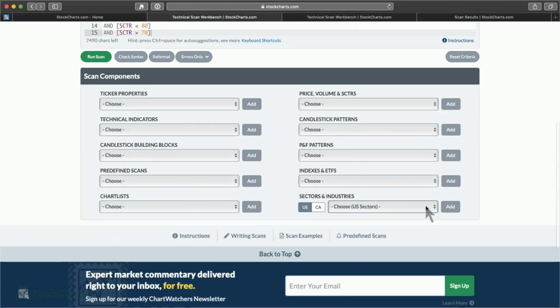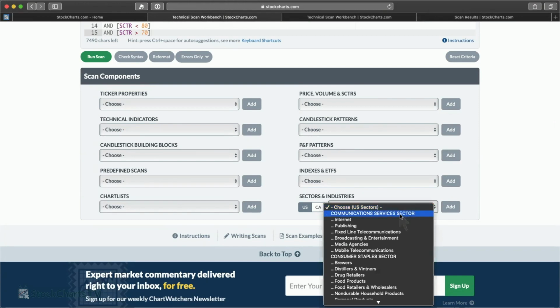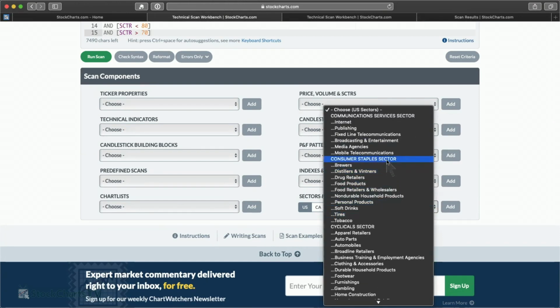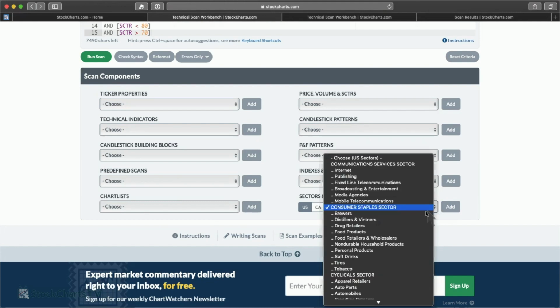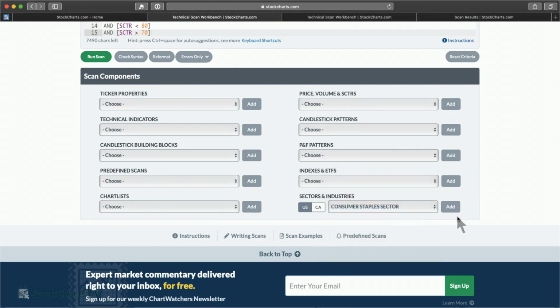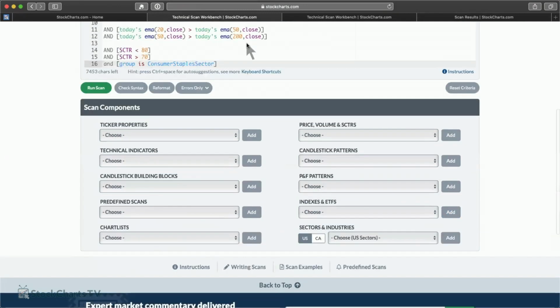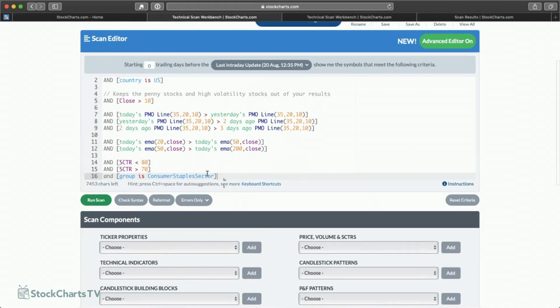So first I'll take a look at consumer staples, and this is how you can add a sector. It's right down here in the components. I chose staples, but you can even narrow it down to industry groups if you'd like. I'm going to go with consumer staples. That's what we'll start with, and I'm adding that. Now, it always adds to the bottom of your scan, just FYI. So I'm just going to take this to the top.